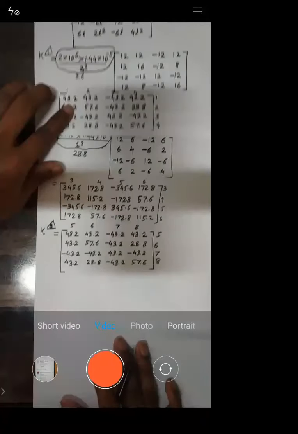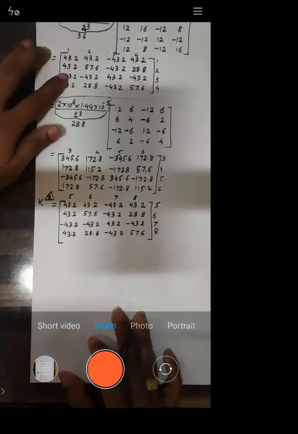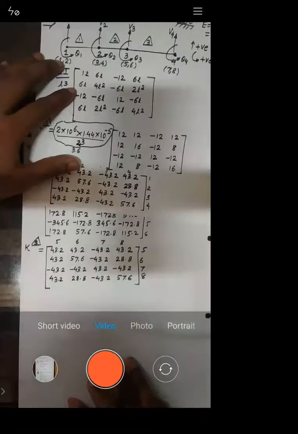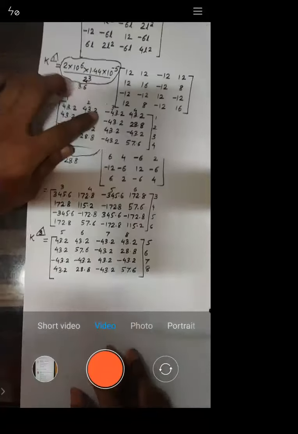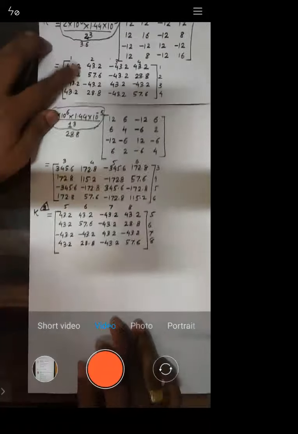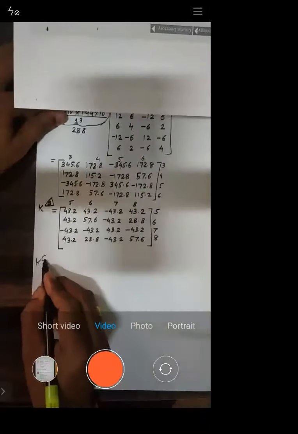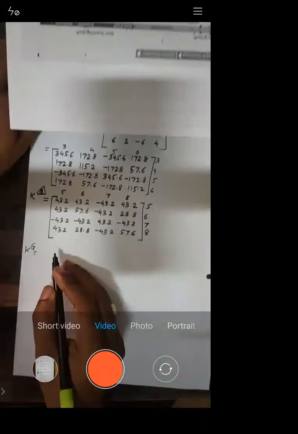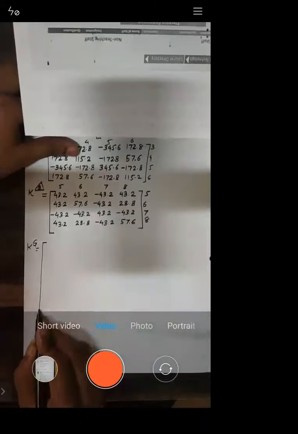So the size of the global stiffness matrix will be how much? How many total nodes are there? 4 nodes. Each node can move in 2 directions. So the size of the global stiffness matrix will be 8 by 8. If I need to write down the global stiffness matrix, it has to be of size 8 by 8.